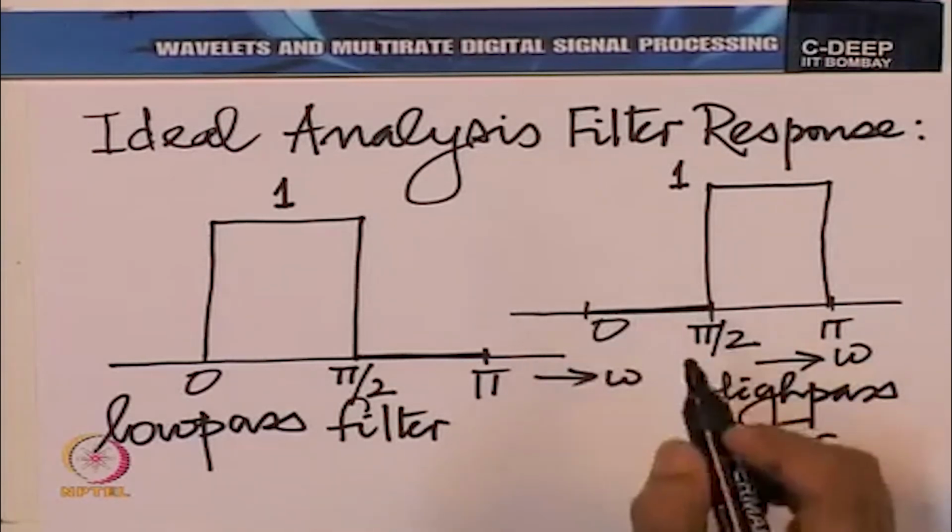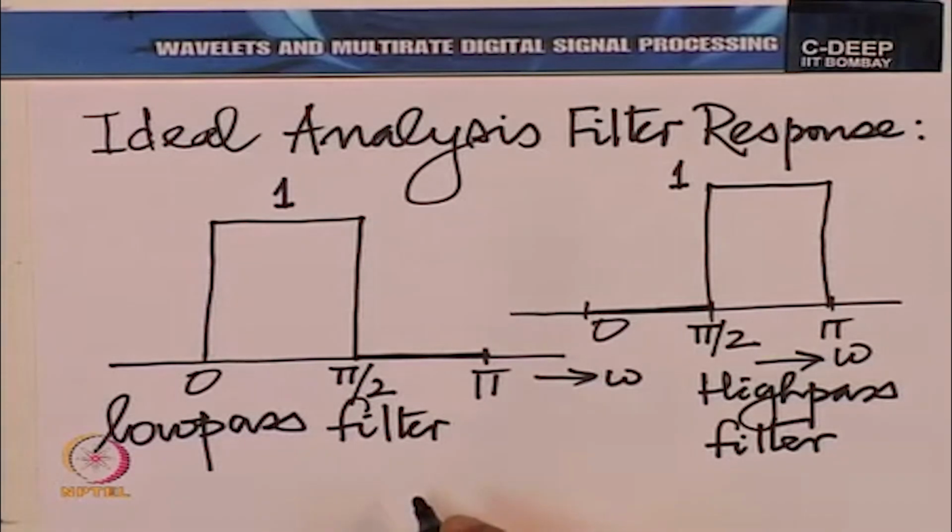The response is 0 between 0 and pi by 2, and then of course, periodically repeated at every multiple of 2 pi.